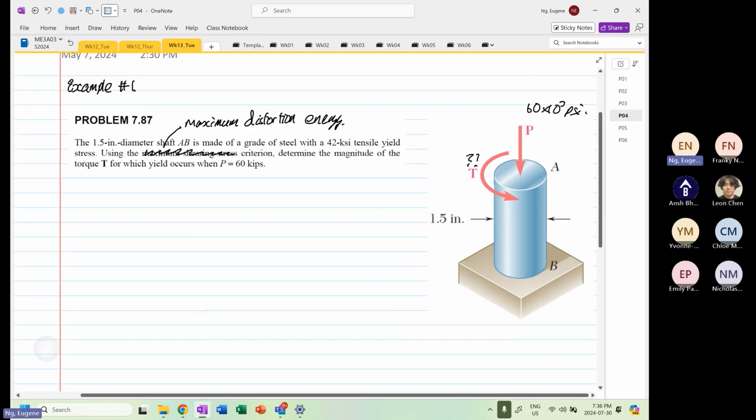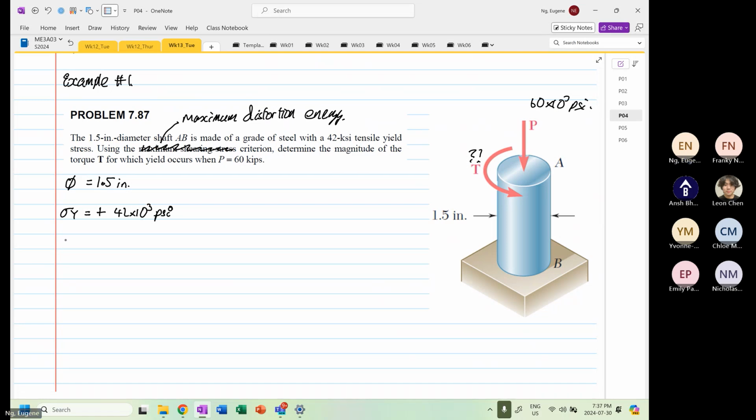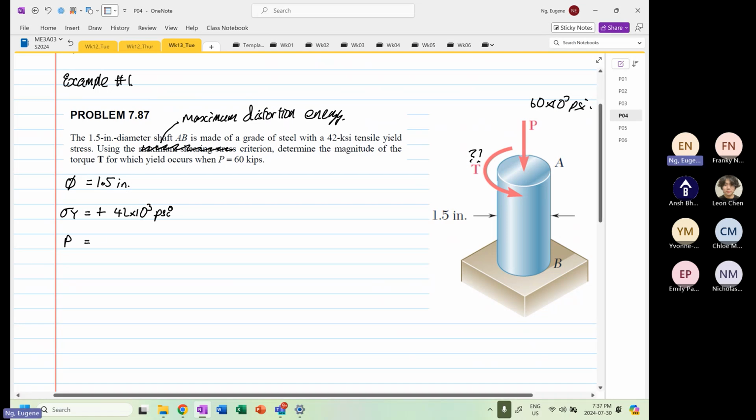What is given to us is that the diameter is equal to 1.5 inches. We know that the material will yield at positive 42 times 10 to the power 3 psi. And we are given that P is equal to 60 times 10 to the power 3 psi.